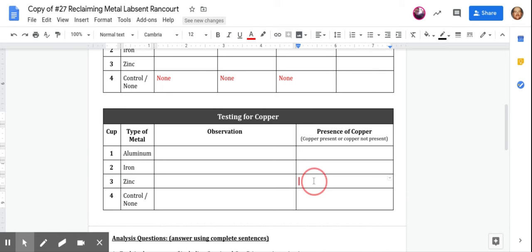You'll need to tell me the color right there, or tell me if there's copper present, okay? You'll notice in here that there's no copper present for the aluminum or the iron based off the color, but when you get down to zinc, you'll notice real quick that there's copper present. Okay?